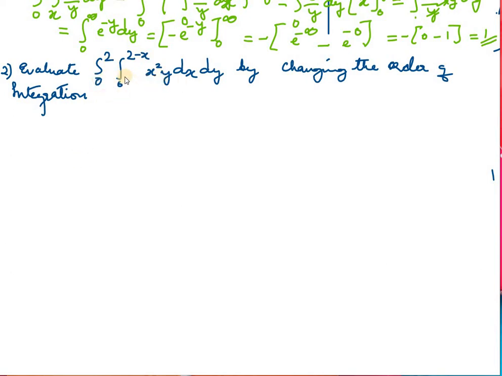Now to evaluate this by changing the order of integration, I need to find the new limits of integration. For x, it will be in terms of y, and for y, it will be constant. To obtain those new limits of integration, we have to draw the graph of x equal to 0, x equal to 2, y equal to 0 and y equal to 2 minus x. So solution here.